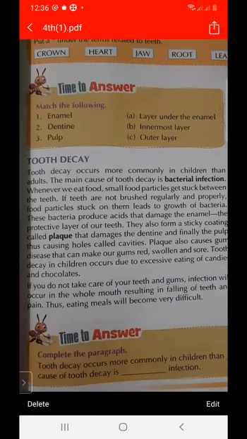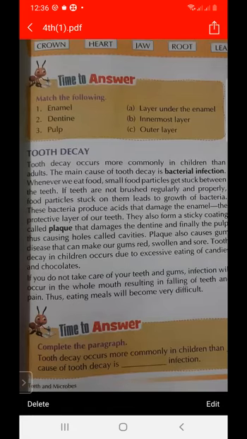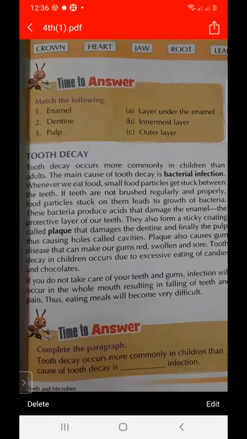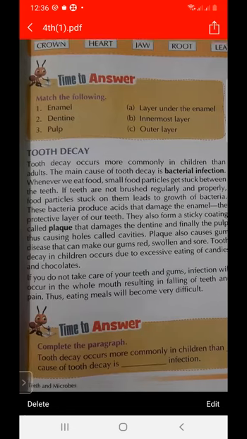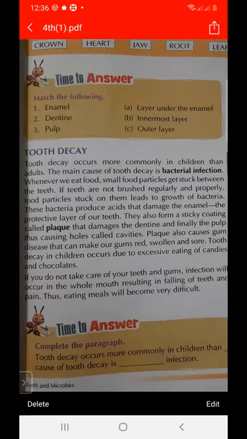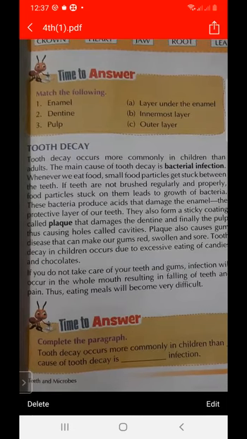How does bacterial infection occur in tooth decay? We will study this. Whenever we eat food, in the morning or in the evening, small food particles get stuck between the teeth. If teeth are not brushed regularly and properly, the food particles stay on them and lead to the growth of bacteria.